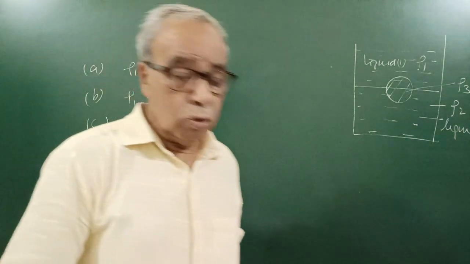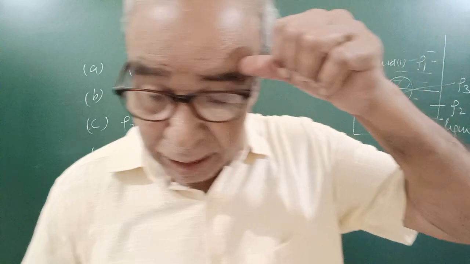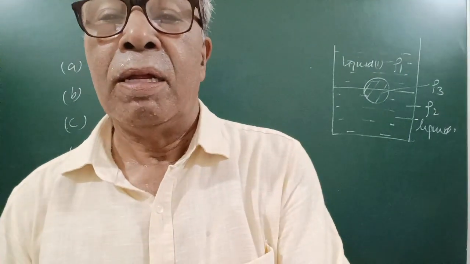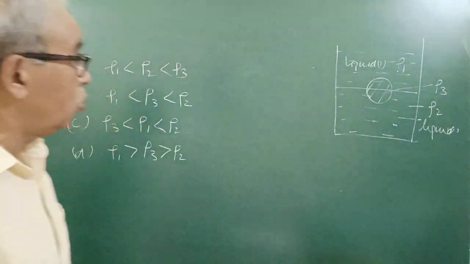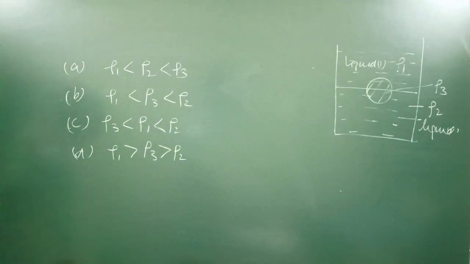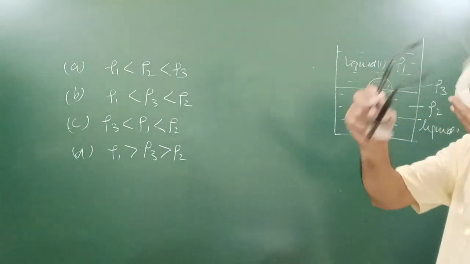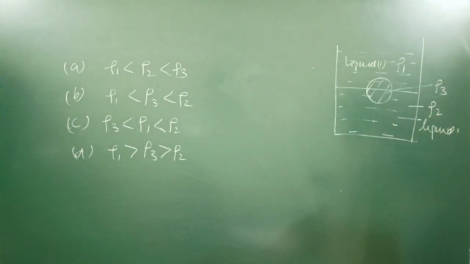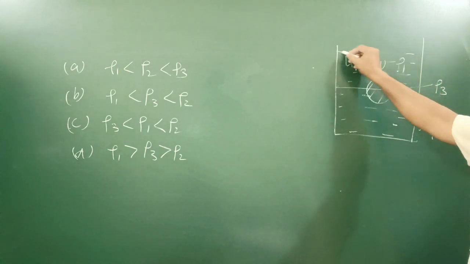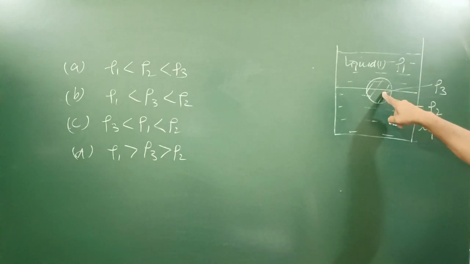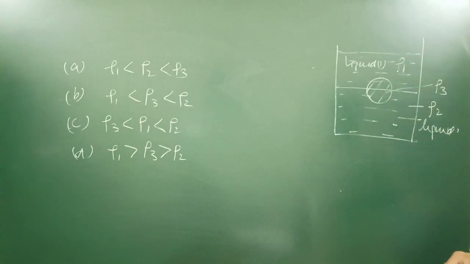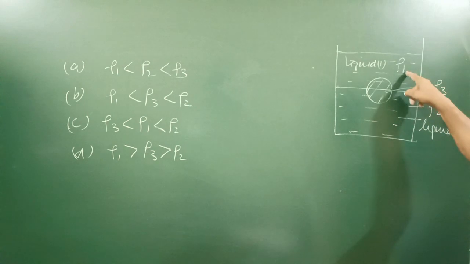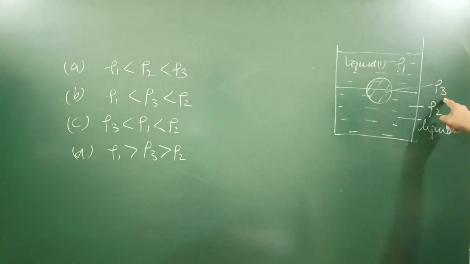I explained to you while starting this chapter the principle of flotation. I told you that a solid body will float in a liquid if the density of the solid is less than the density of the liquid. So here, because the sphere is floating inside rho 1, it means density rho 1 is less than rho 3.